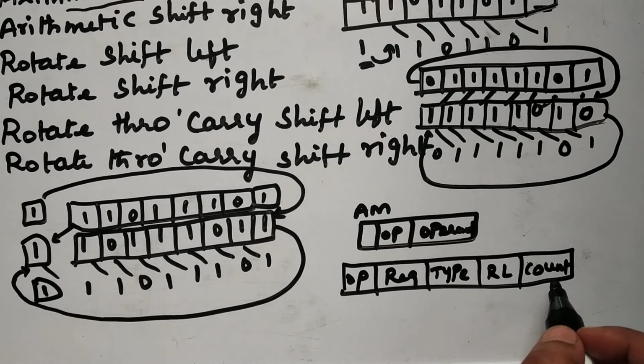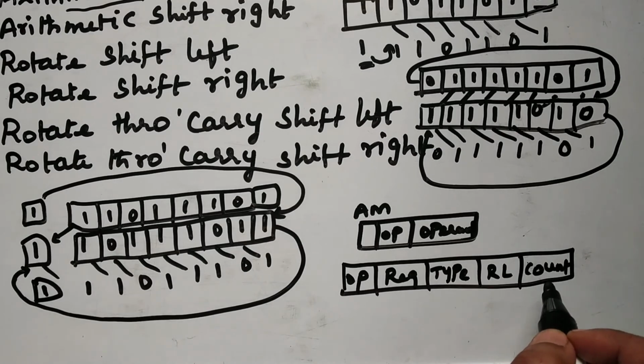The count field determines how many times we are going to perform the shift operation. We can perform the shift operation more than one time on the same input in the basic computer, so there is one specific field to maintain the number of times.